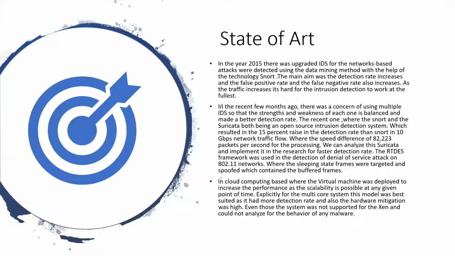They were able to achieve a 15% rise in the detection rate in Snort and 10 packets per second for the processing. That's quite an improvement, we could say. Whereas the speed difference of 82,000 packets per second for the processing was a great improvement.